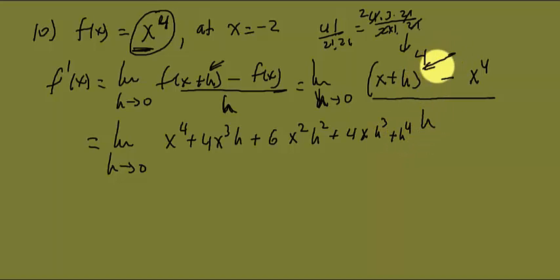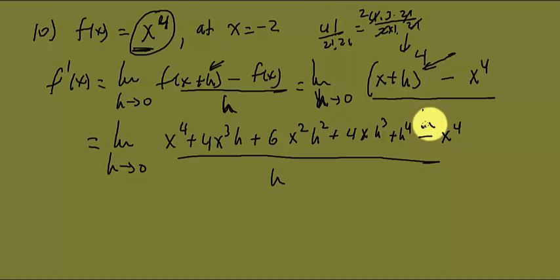Okay, this is done. So now I have a minus x to the fourth, and all that's going to be over h. So I did some algebra, expanded using Pascal's triangle and the binomial theorem. Now we're going to keep on doing some algebra. If you notice that and that cancel out, and every single term, this term, this term, this term, and this term, have h in them, I can factor out an h, and I'm going to show you this step so you won't be confused.